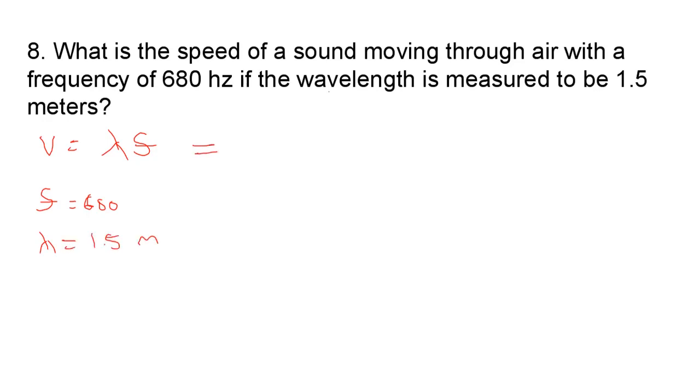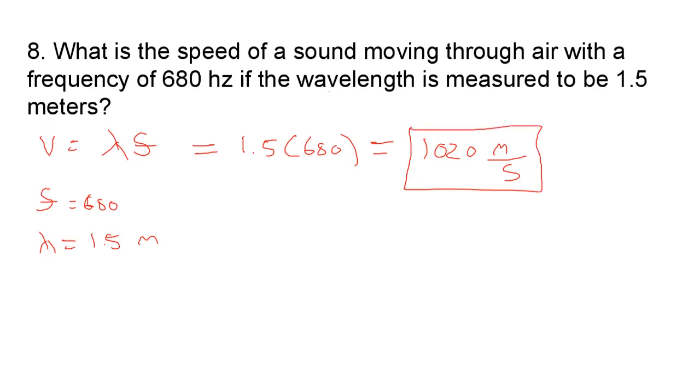I don't have to do anything about this. I know the wavelength is 1.5. It's right in the form I need it to be in. And then 1.5 times 680 should be, I believe, 1020. So 1020 meters per second.